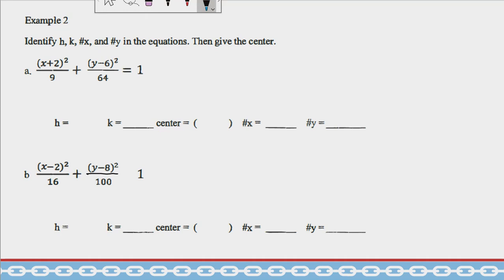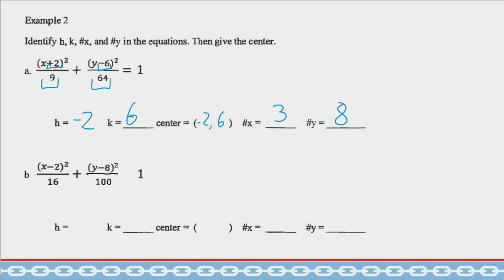But looking for H and K, H is right here, opposite of 2. And K comes from right here, opposite of -6 would be the +6. So this circle or ellipse is going to have a center point at -2, 6. Looking at the 2 radii, square root of 9 for the X radius, and square root of 64 for the Y radius.